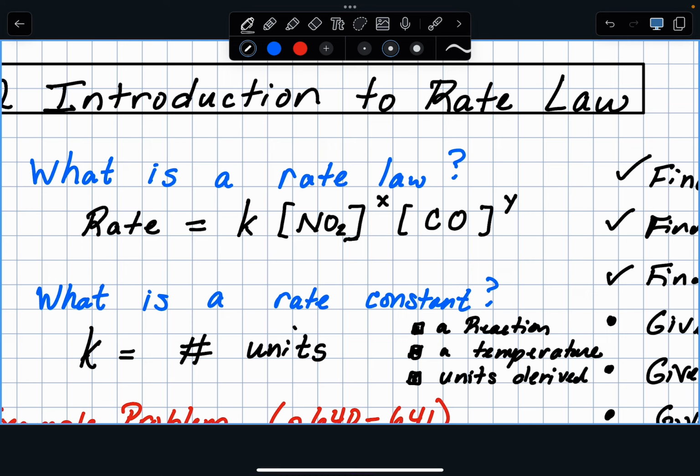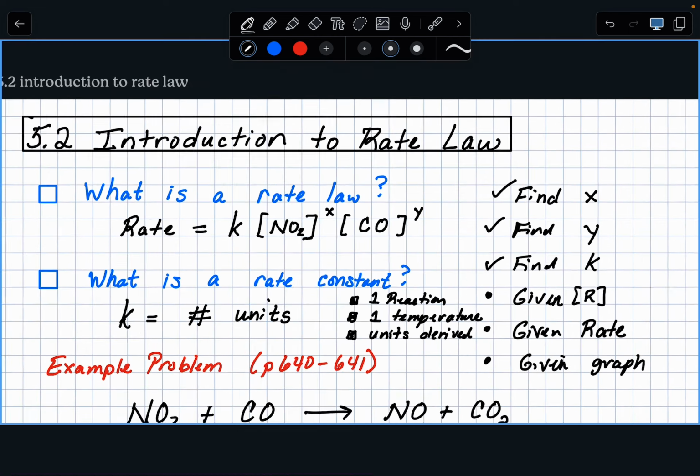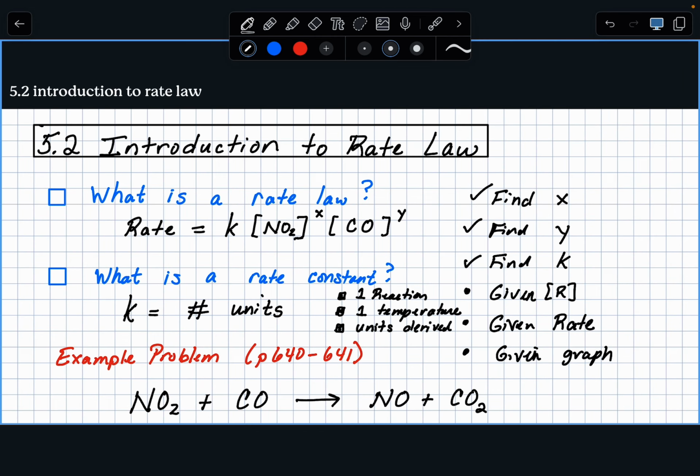So it's a constant, yes, but it's constant for only, I'm just going to put the word one instead. It's only constant for that one reaction at that one temperature that we're running our reaction at, and the units are derived after we're done with the experiment. All right, so there's a lot of very new things to do with rate laws.